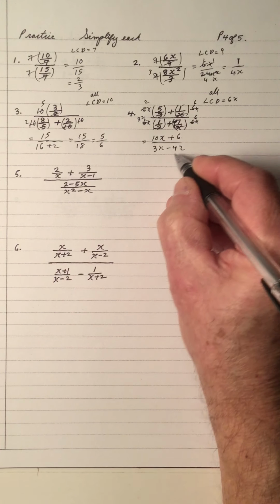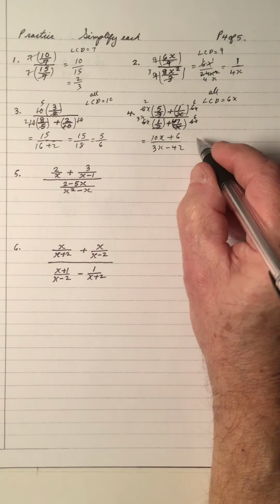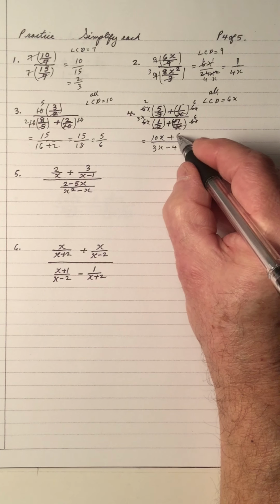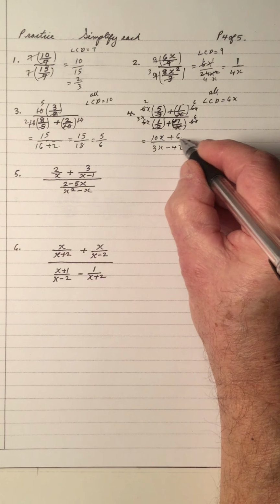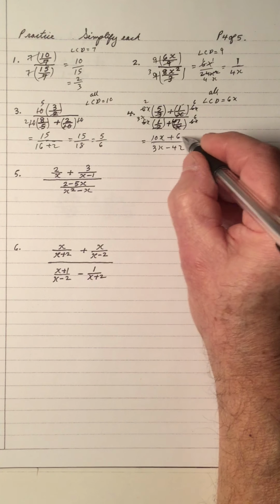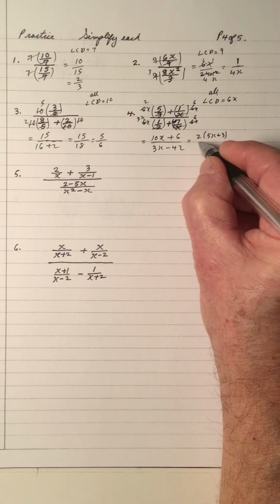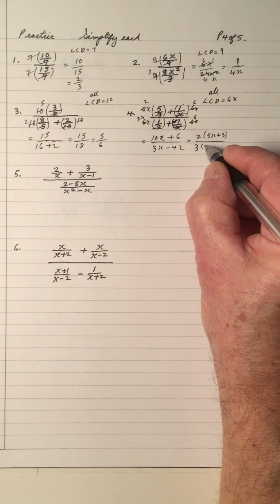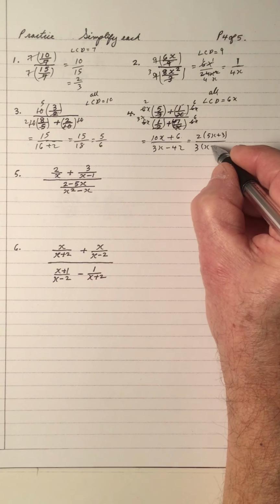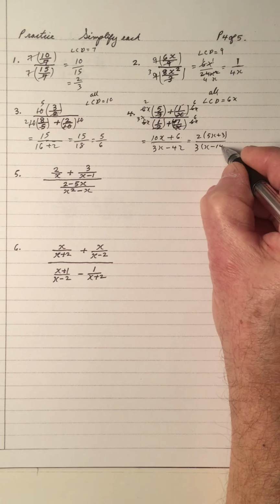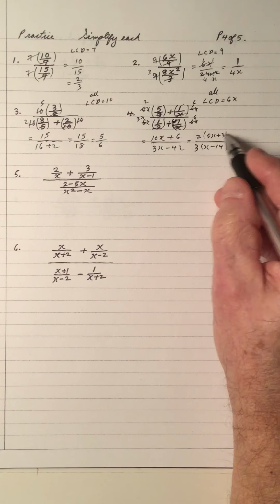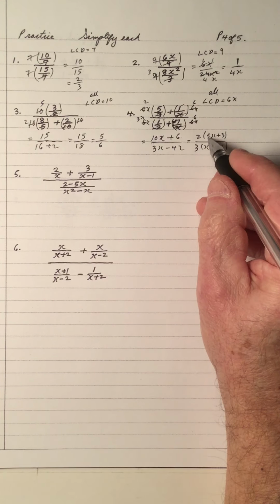Gives me negative 42. And we can cancel here. If we can, let's see, we got a 2. 5x plus 3. And 3 times x. 3 into 14. And we can factor, but we can't cancel. None of them are the same.